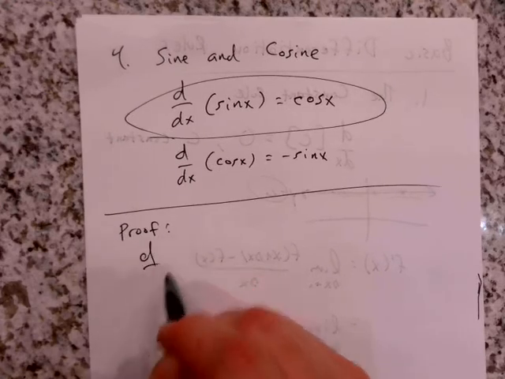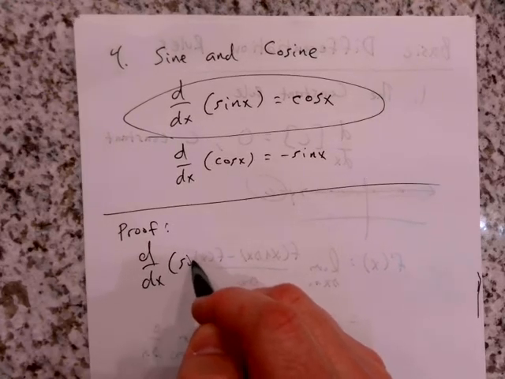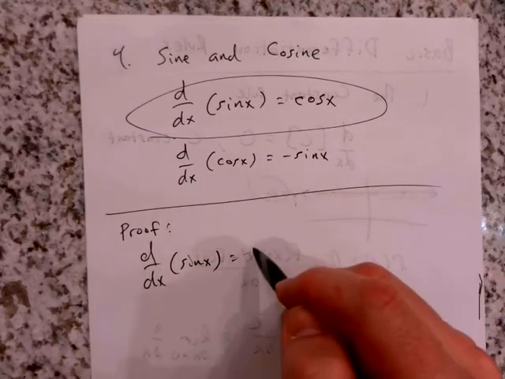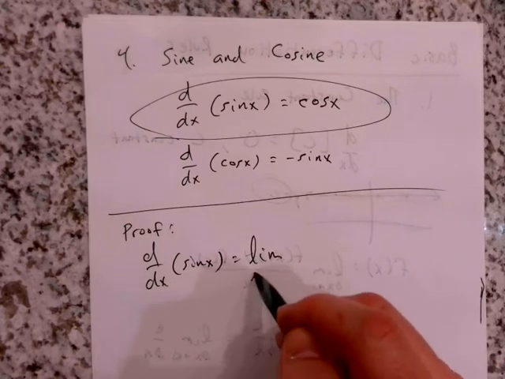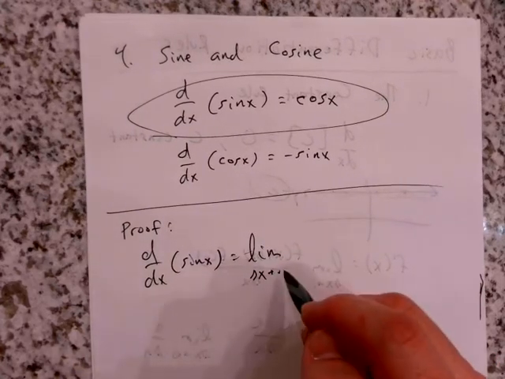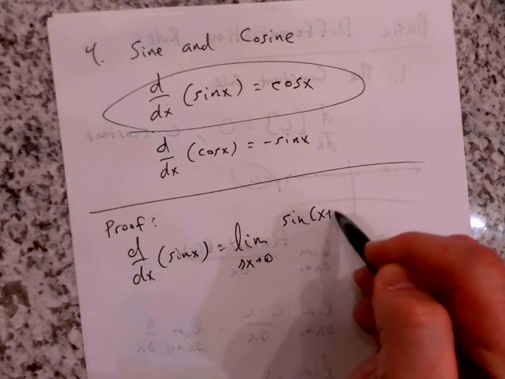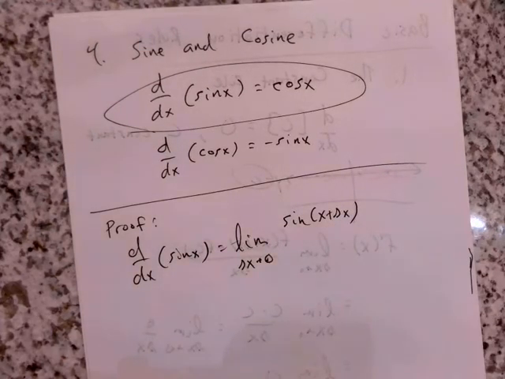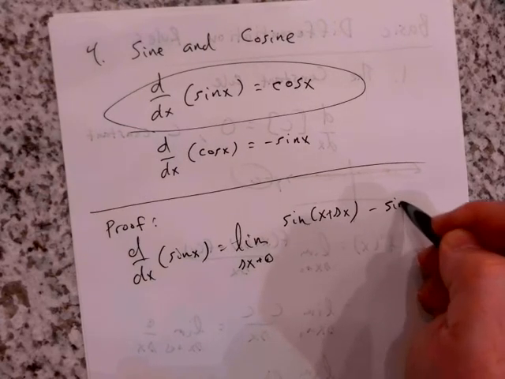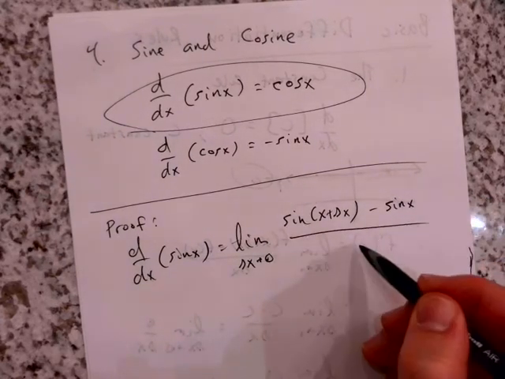So the derivative of sine x is the limit as delta x goes to 0 of f of x plus delta x. So we plug x plus delta x into our function, minus f of x, plug x into our function, over delta x.